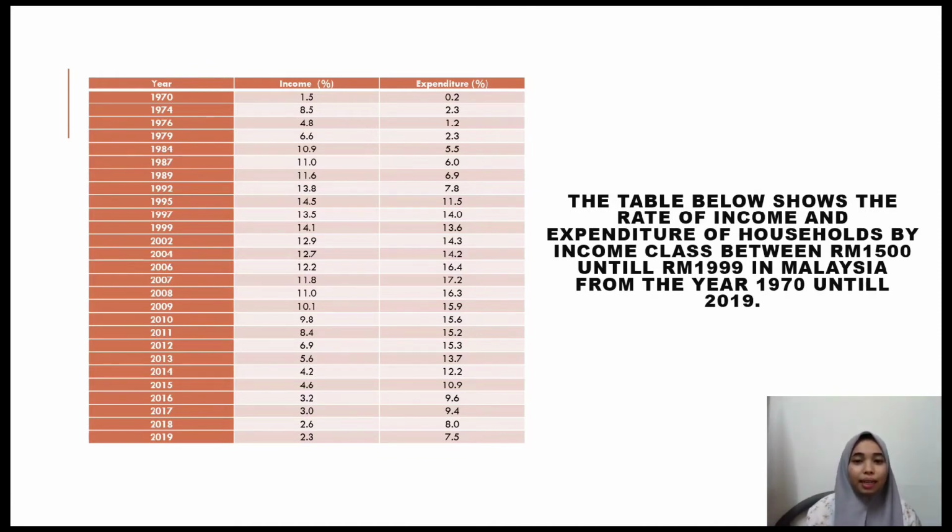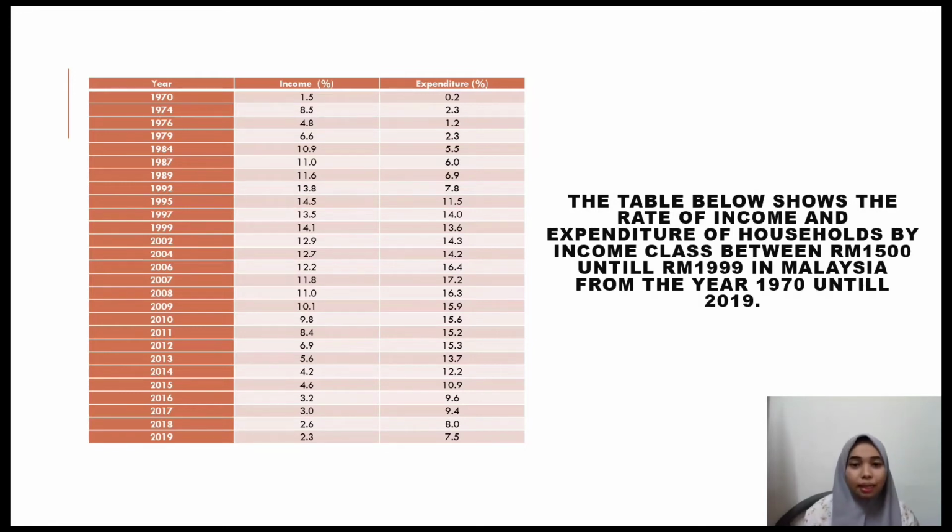The data I collected from the portal of the Economic Planning Unit shows that even though the income decreased at one time, the expenditure was still not affected, because expenditure is independent and income is dependent.